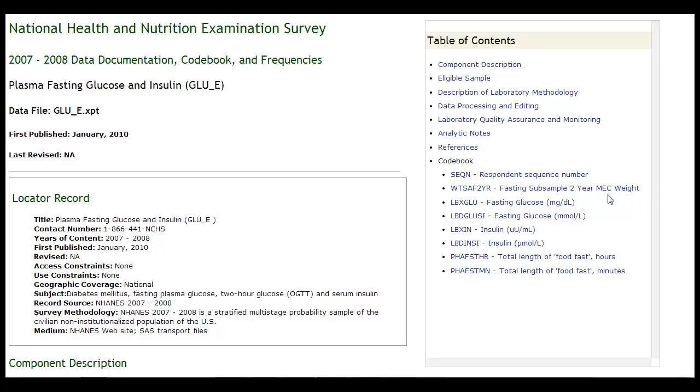So this is for the fasting subsample. This is a group of individuals who were required to fast for a number of hours prior to their analysis, so that you can get a good measure of their insulin and glucose baseline levels, which can be used to determine if they have insulin resistance and, in the extreme, diabetes, for example.